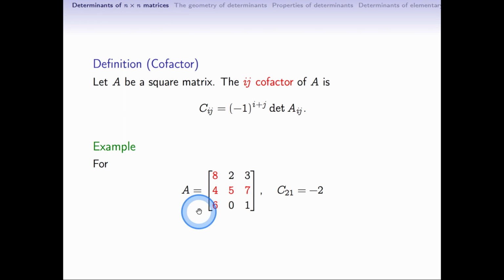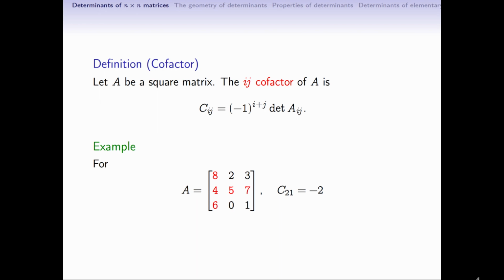Well, first of all, since 2 plus 1 is 3, that's an odd position, so it's going to have a negative sign associated with it. And the minor is obtained by taking out the second row and the first column. It's going to be the 2 by 2 submatrix with first row 2, 3, and second row 0, 1. The determinant of that 2 by 2 matrix is simply 2. And so the cofactor C21 is negative 2.